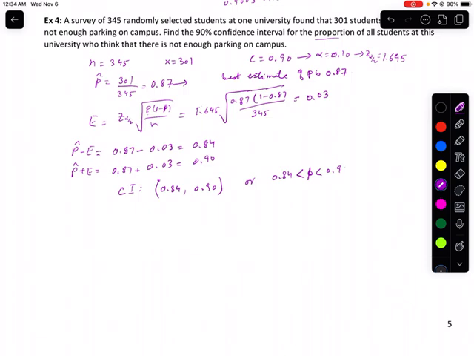Okay. Now we have the confidence interval. Now we need to interpret it. So we are 99%, no, 90%, right?